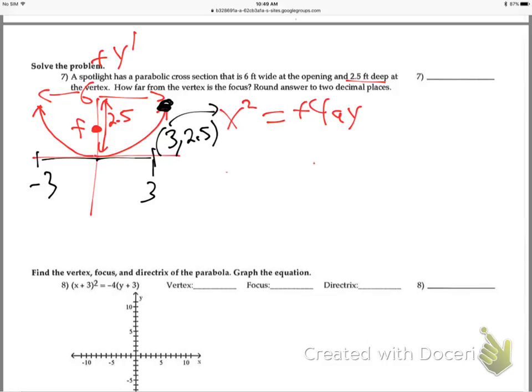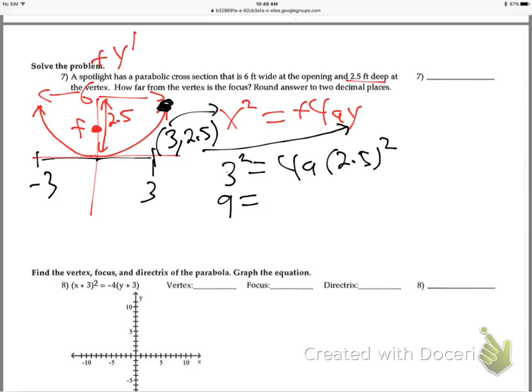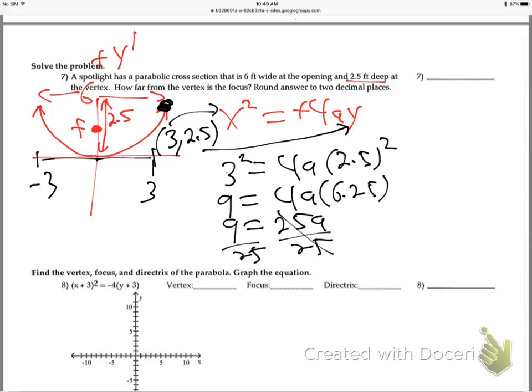Put in x = 3, y = 2.5. So 3 squared is 4a times 2.5. That's 9 is, I don't know, what's that? 6.25 times 4 is 25, I think. Divided by 25, a is 9/25. That's where the focus goes. Up 9/25. Not very high.